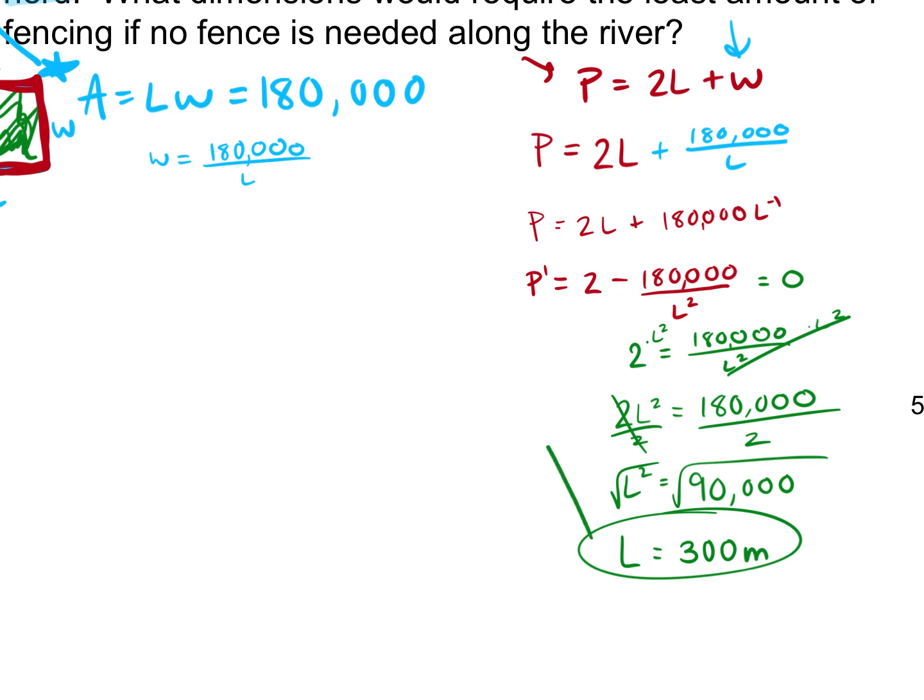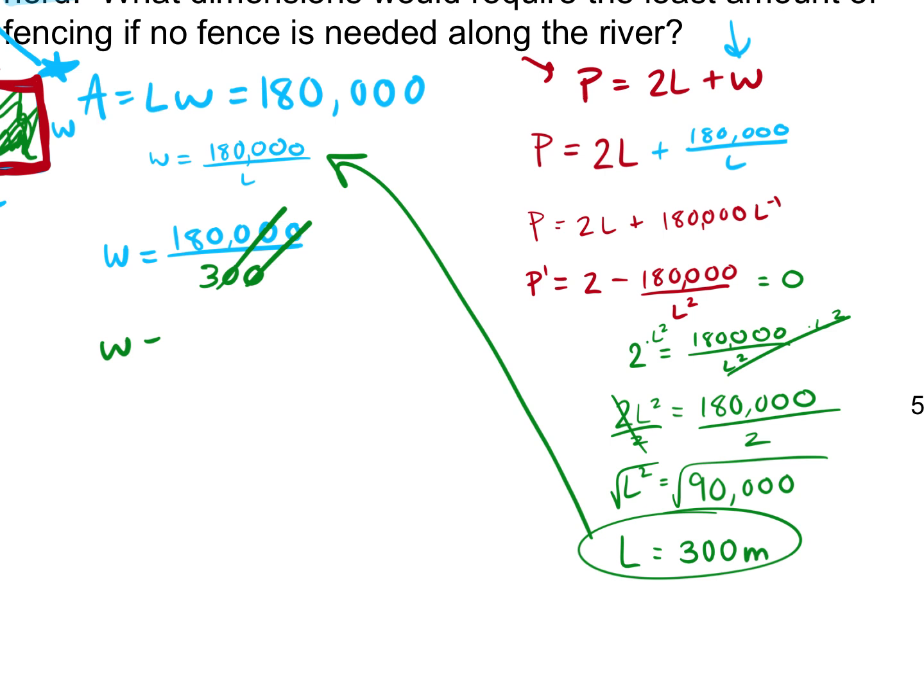We can plug it into our simplified constraint here, since this one's already solved for W. So W equals 180,000 over 300. So we would get W equals 600. 600 what? Meters. Perfect.